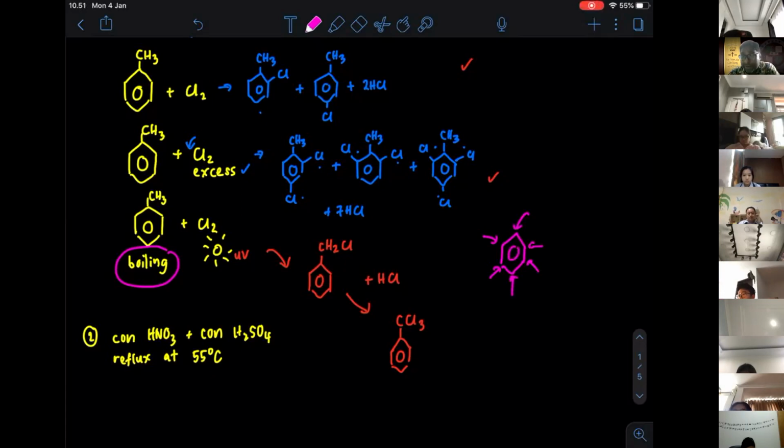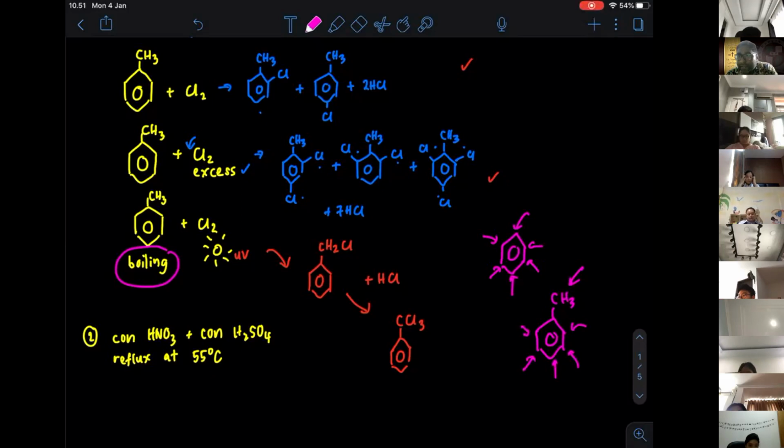But when we are talking about free radical substitution, we are not putting the halogen into the ring. It will be something like CH3, where we replace the hydrogen. Without the halogen carriers, we cannot have the Cl entering the ring, so only free radical substitution is going to happen.